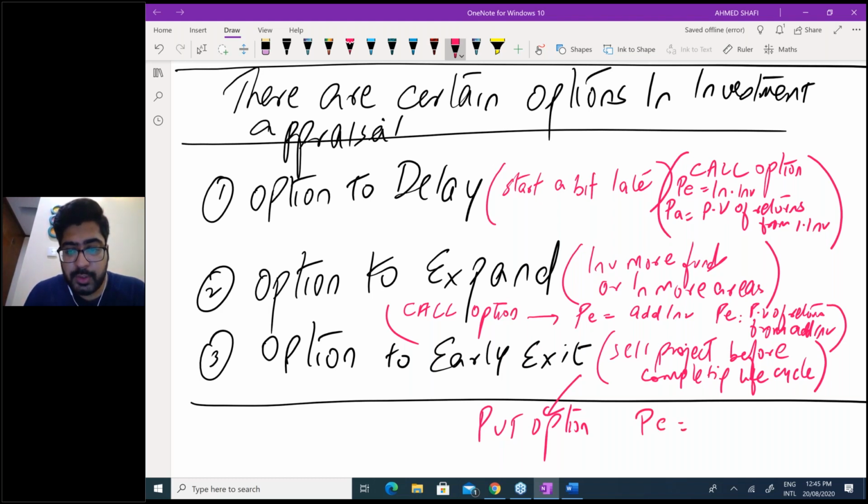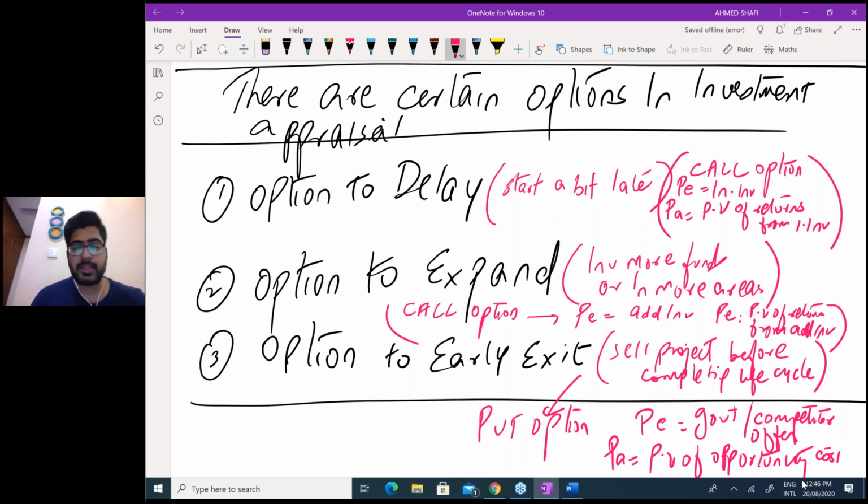PE of this option is the government or competitor offer, and PA is the present value of opportunity cost. Because once you take that option, sell early, you lose future cash flows. This is an opportunity cost. You need to memorize these things, and then I will explain a question in detail about it.